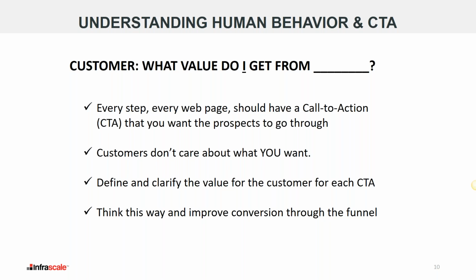They have their own interests. So how do we communicate the value to them so that they do go through the steps that we're hoping they go through? So that they open the email, so that they read the email that we get, they click the link, and then get to the landing page we've set up for them. And then how do we get them to register that next step? That way we get their contact information. Or how do we get them to call us?